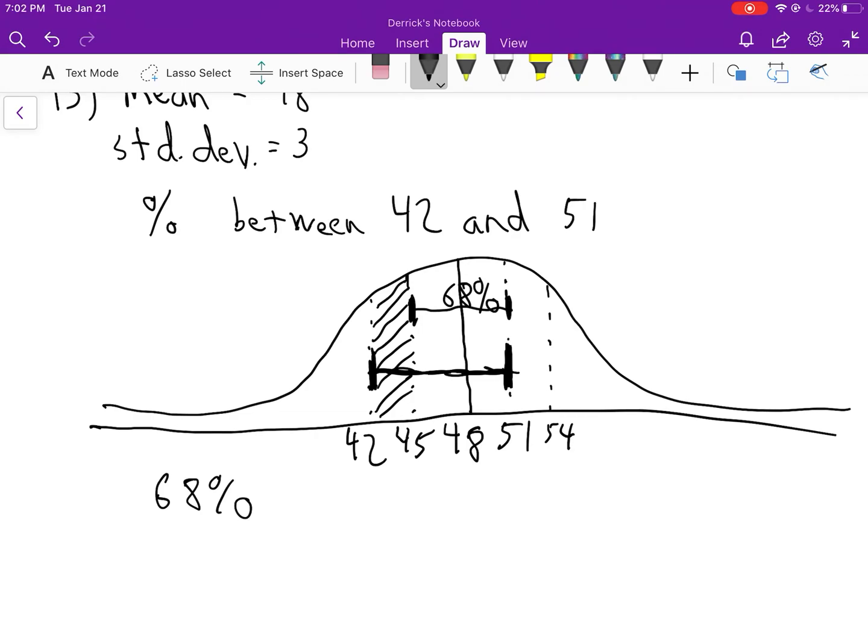What I do know is that from 42 all the way to 54 is 95% of my data, because that's 2 standard deviations in either direction.